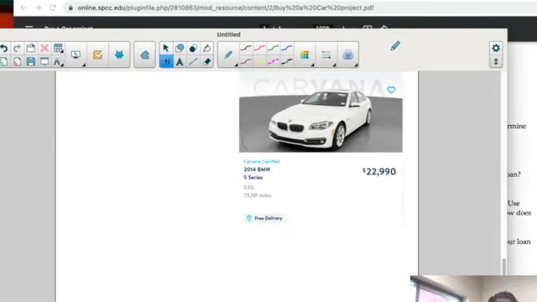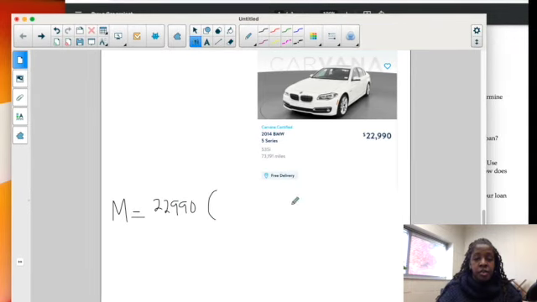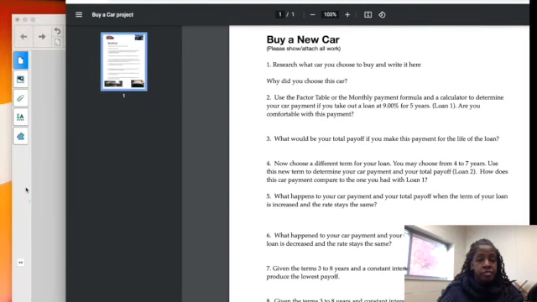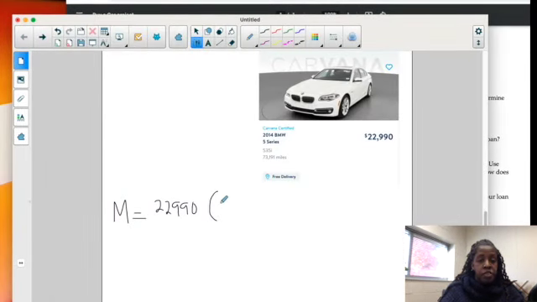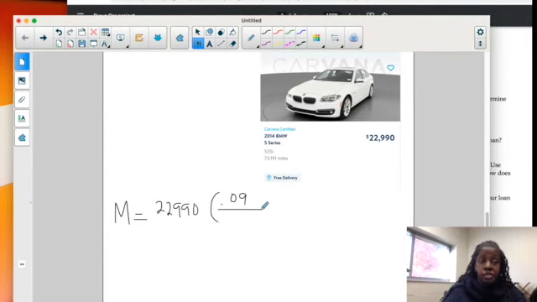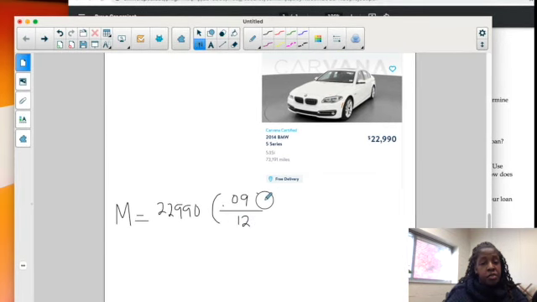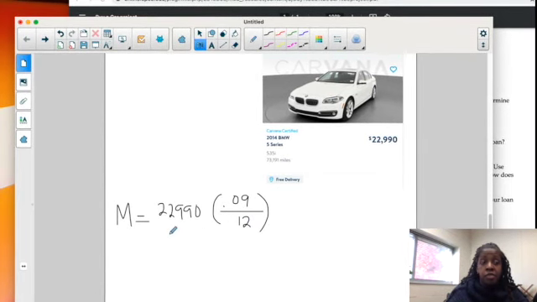All right, so this is what you would do. Monthly payment is equal to $22,990 times, they gave me a rate, didn't they? What was that rate? 9%. So my rate's going to be 0.09, written as a decimal, because you go 2 places to the left. Then I'm going to pay this car payment every month for a year, or however many years.